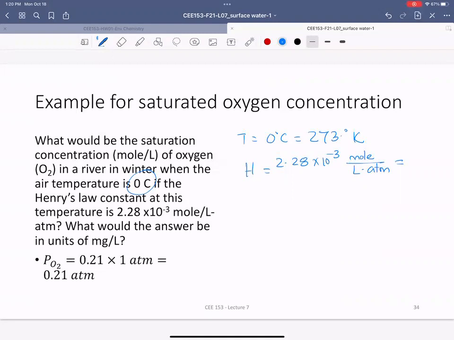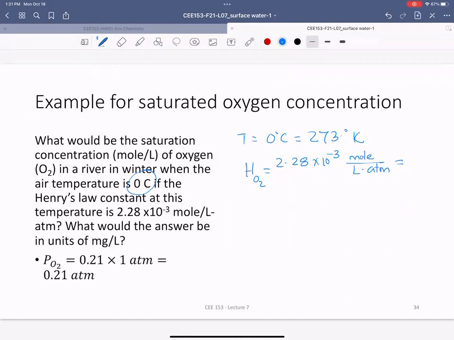Based on this unit, is air in the numerator or denominator? You can see the unit. atm is the concentration of air, atmospheric pressure. So atm is in the denominator, right?